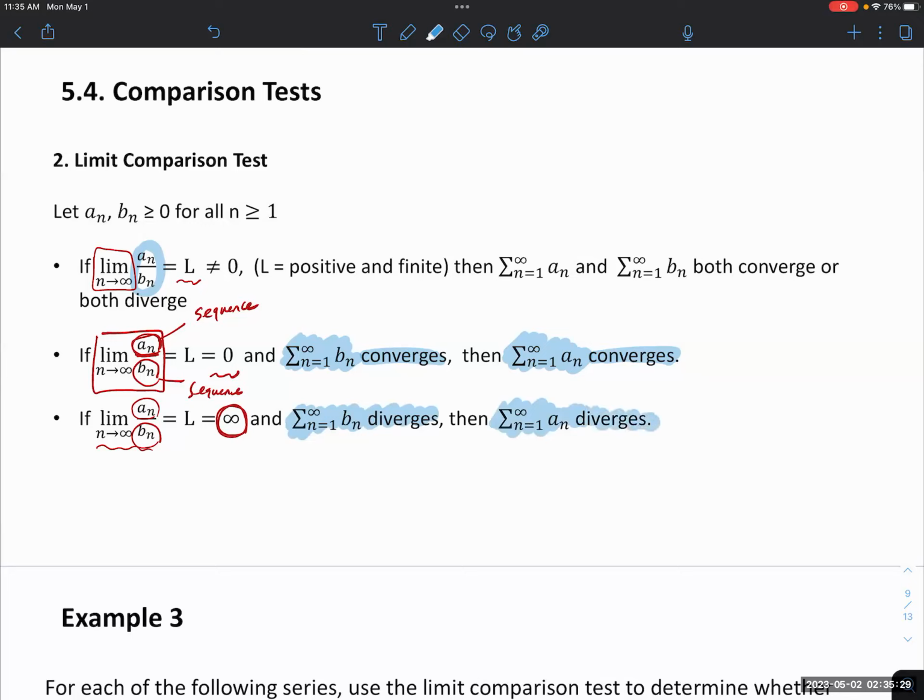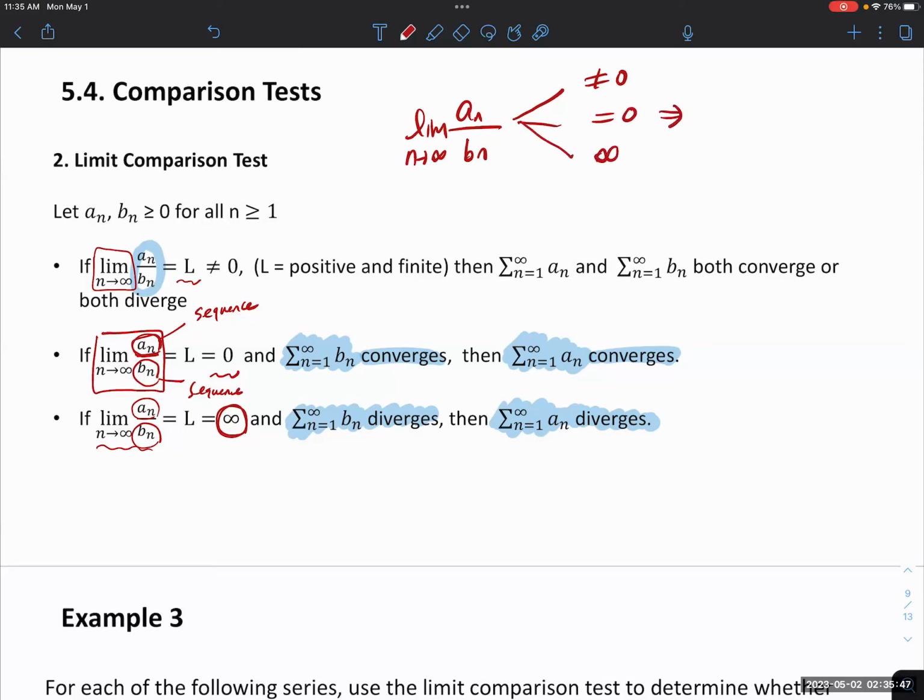Okay, so I will show you. We have 3 cases. Limit of an over bn, whether it is not equal to 0, whether it is 0, or infinity.